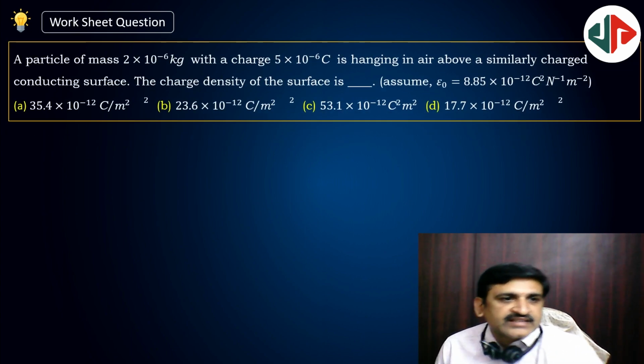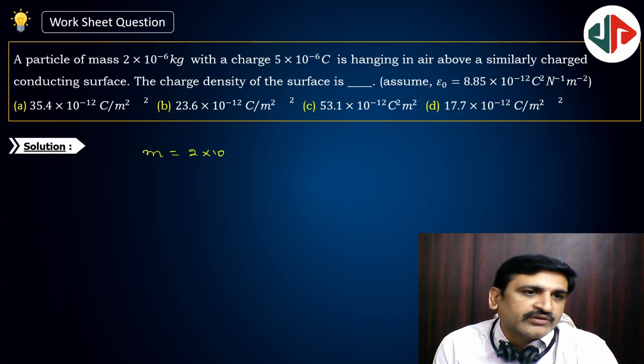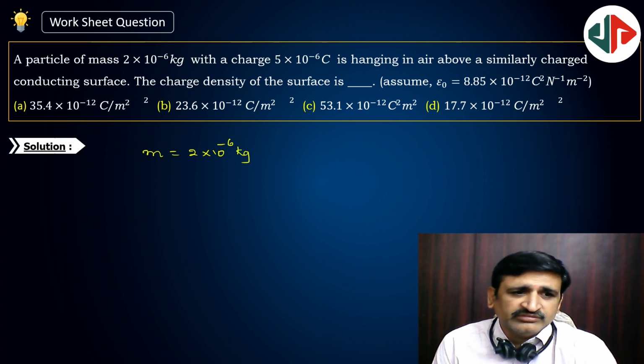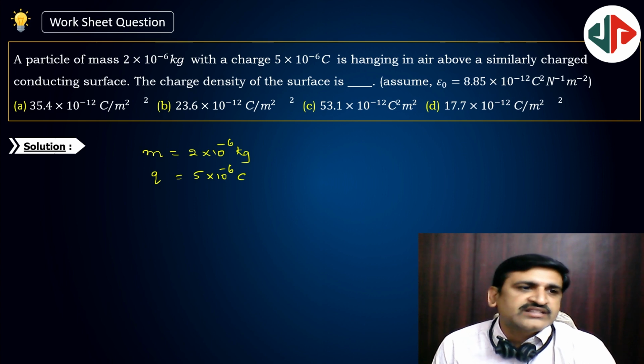A particle of mass m equal to 2 into 10 to the power of minus 6 kg with a charge q equal to 5 into 10 to the power of minus 6 coulomb is hanging in air above a similarly charged conducting surface.